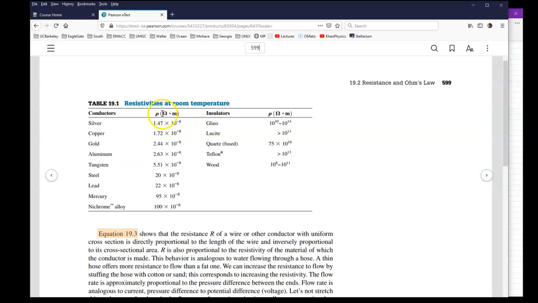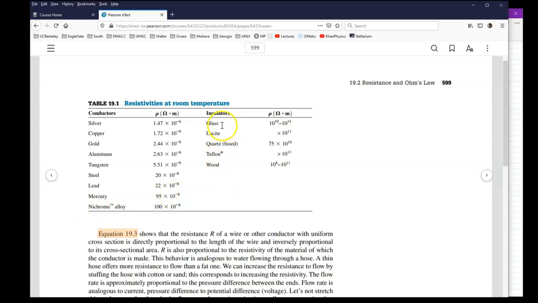And by the way, the unit of it is ohm meter. Look at that very, very tiny number. Copper, 1.72 times 10 to the negative 8. Gold, 2.44 times 10 to the negative 8. Aluminum, tungsten, steel, they are all around 10 to the negative 8. Very, very tiny. 100 millionths. Lead, mercury, nichrome alloy, and so on.